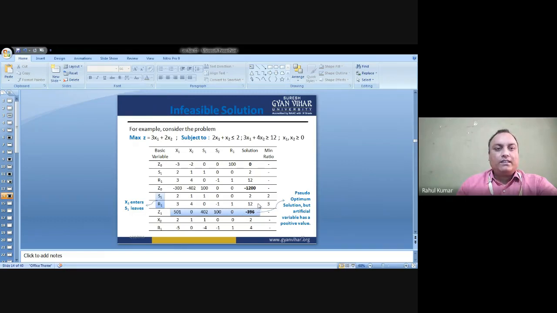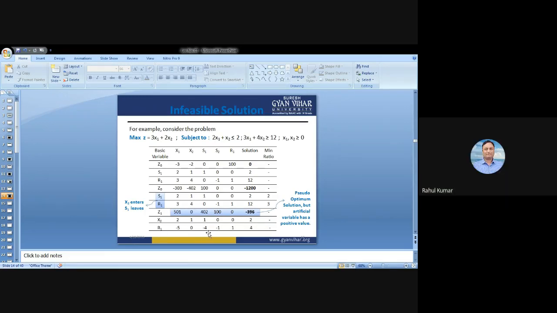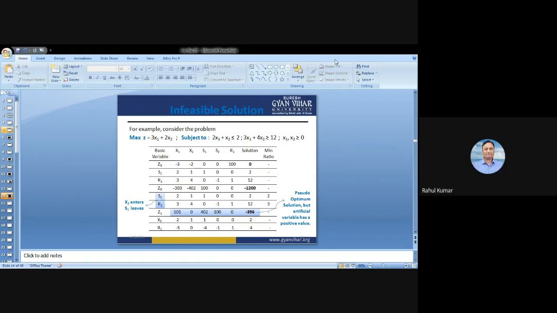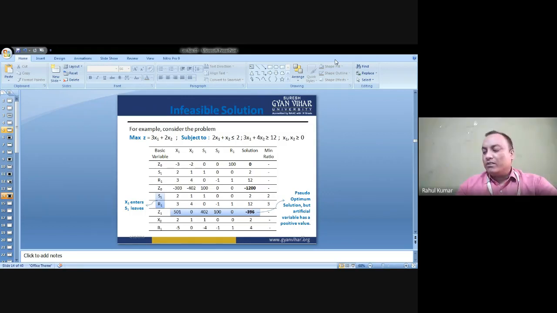Only this row changes. And the z1 value is 501, 0, 402, 100, 0, minus 396, and x2 is 2, minus 1, minus 1, 0, 0, 2, and r1 is minus 5, 0, minus 4, minus 1, 1, 4. This minus 396 gives the pseudo optimal solution, but the artificial variable has a positive value.